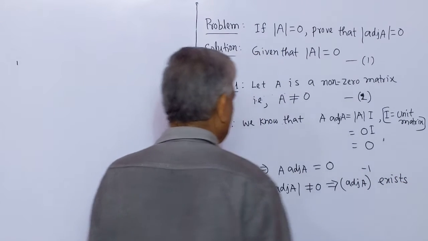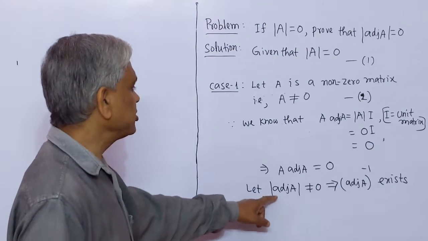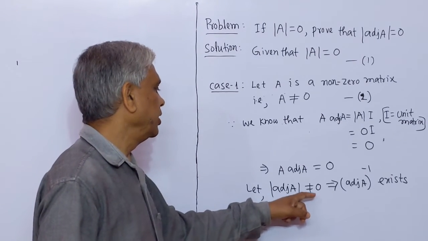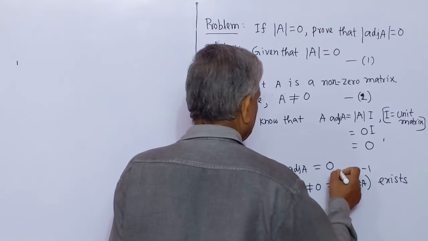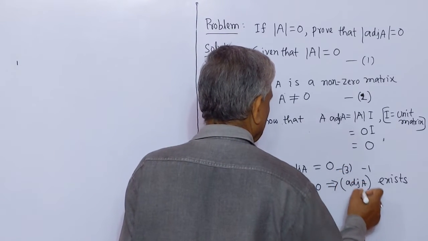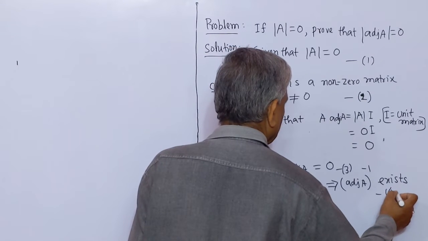Means adjoint A is non-singular, then its inverse exists. This is number 3. This is number 4.